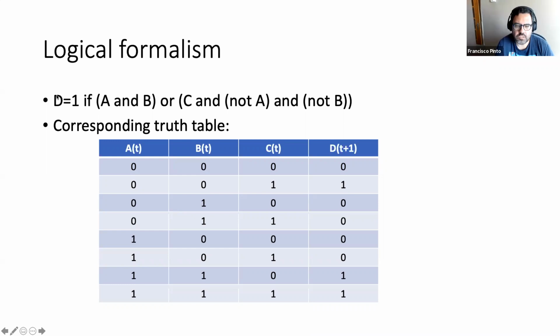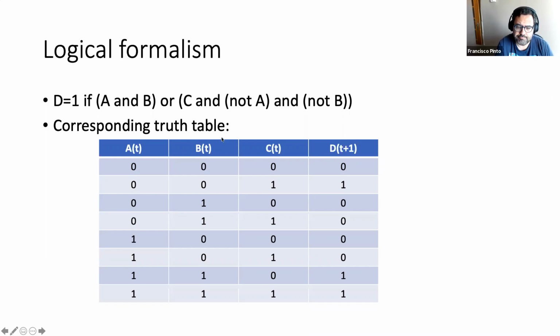And so D will be activated if A and B are simultaneously active, or C is active but A is not active and B is not active. And this can be quite a bit longer, and in this case D only depends on the values of A, B, and C, but for some nodes you can have many more incoming interactions.